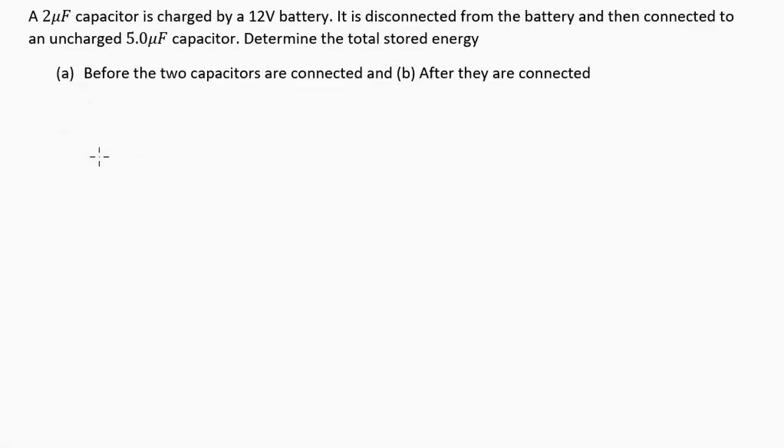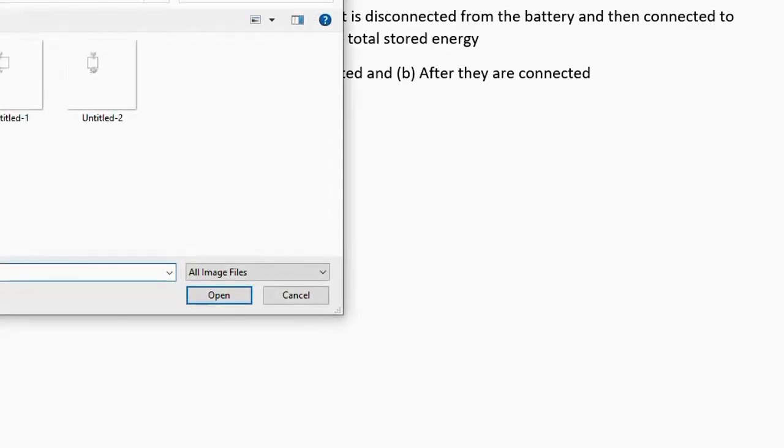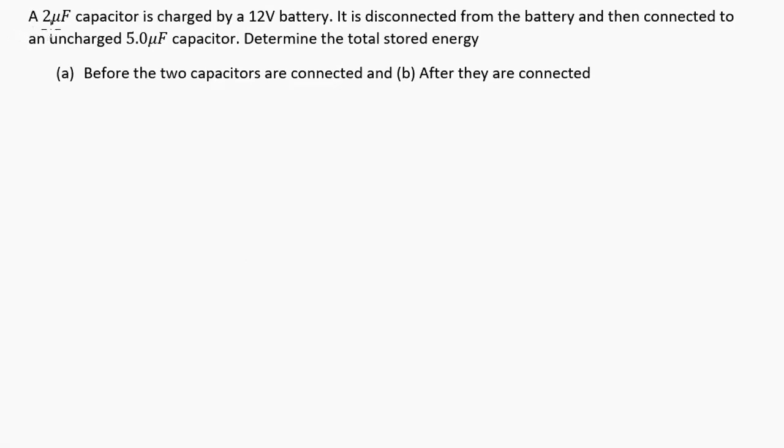So if we want to determine the total stored energy before the 2 capacitors are connected, now what we'll do is we'll go ahead and have a diagram. Let me read this through again. A 2 microfarad capacitor is charged by a 12-volt battery. It is disconnected from the battery and then connected to an uncharged 5 microfarad capacitor.